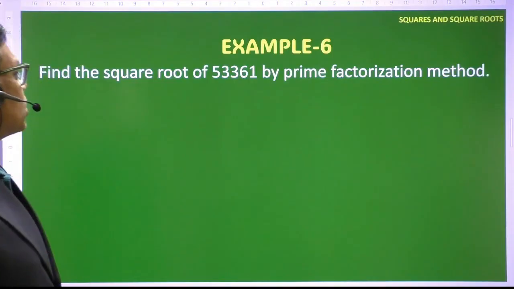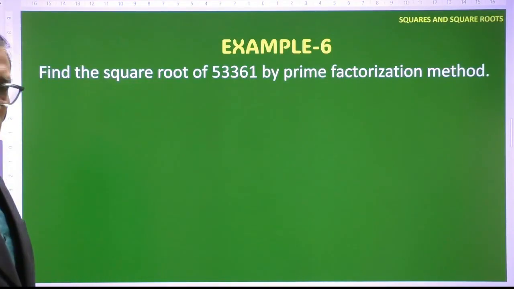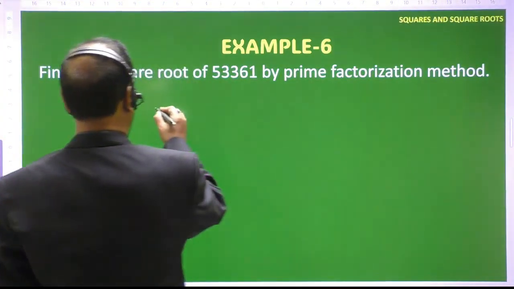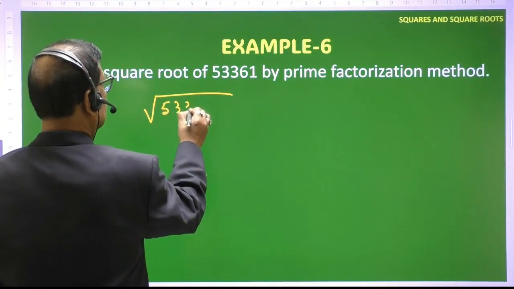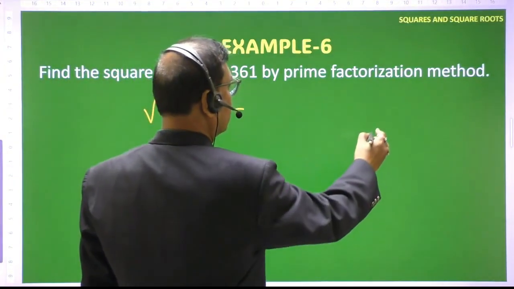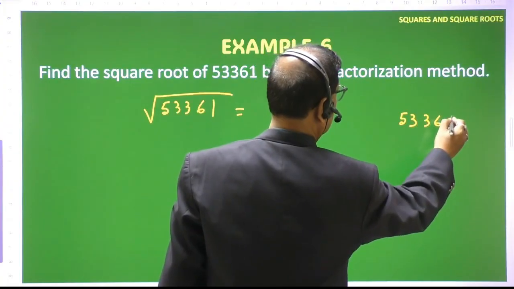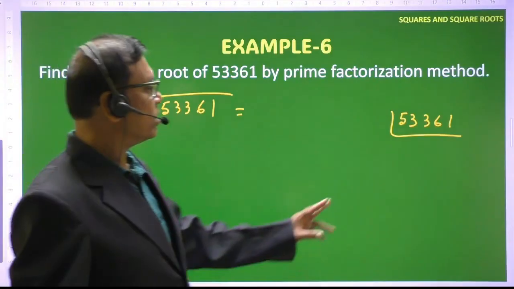Find the square root of 53361 by the prime factorization method. So one more sum we'll do applying this method. You have to find out the square root of this number. For that, we'll find out the prime factors of this number. Obviously, this number is not divisible by 2.